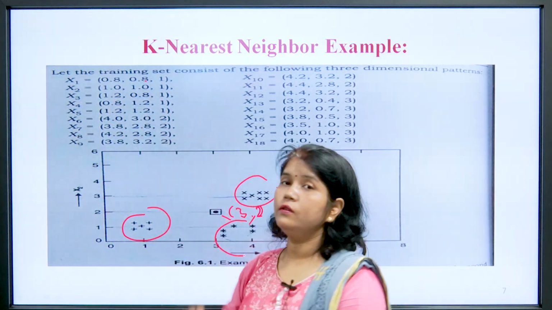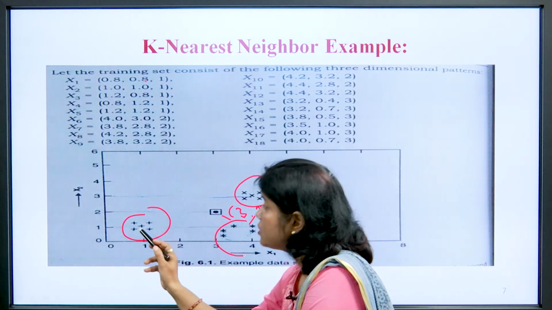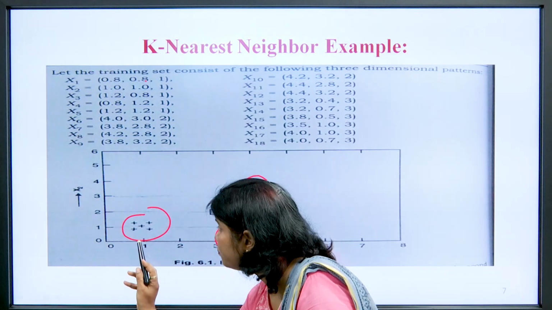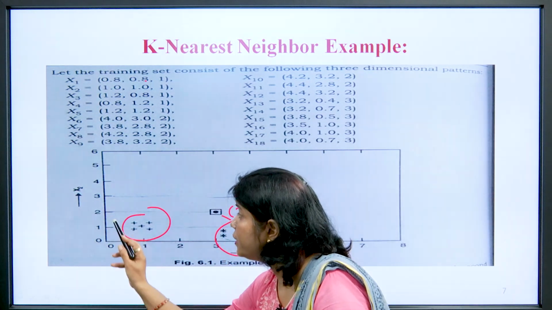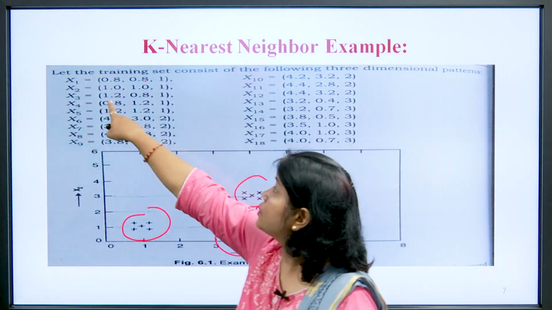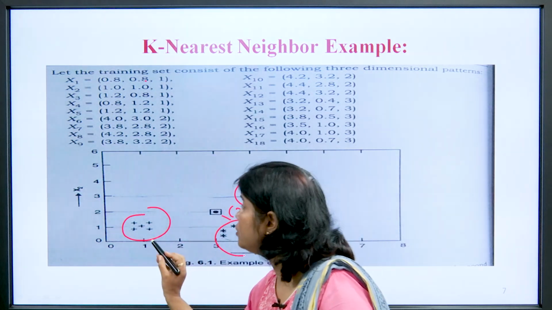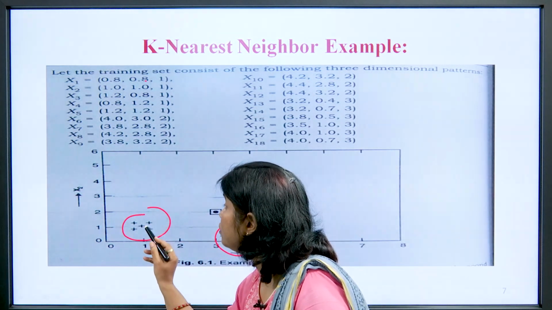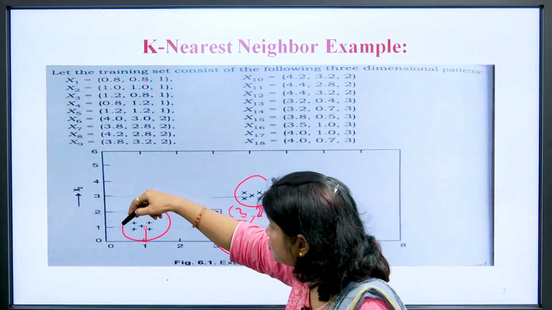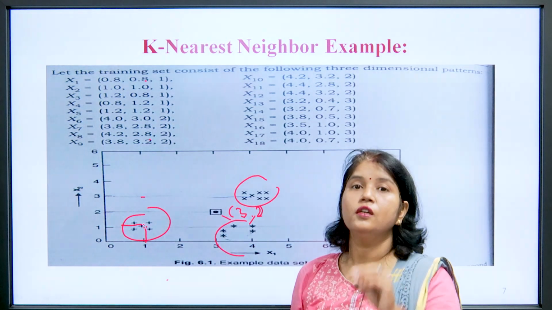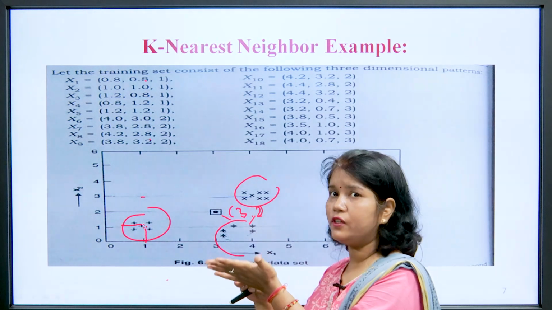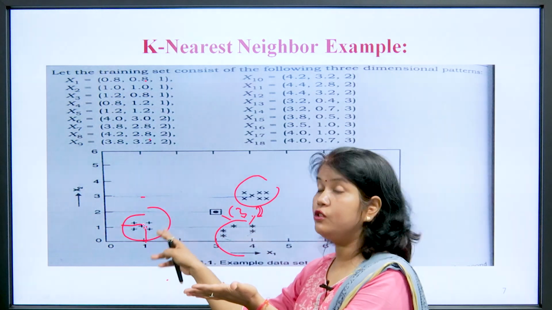So x1 0.8, 0.8 means just before 1 in the x direction, and in the y direction also 0.8, and this is class 1. Next data is 1.0 and 1.0. So you will find the coordinates of all sets that lie under one category, for each data point.